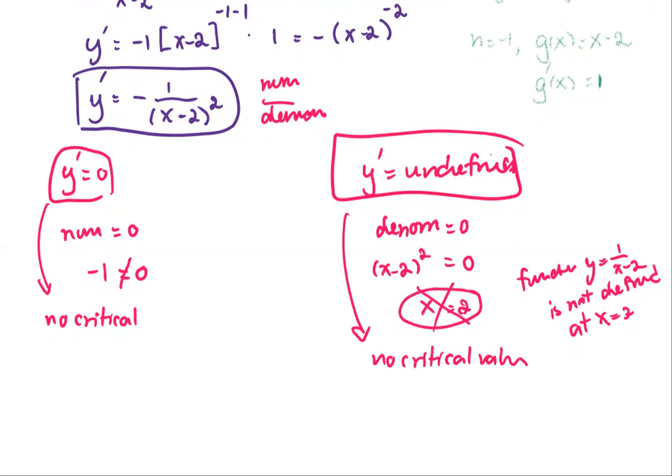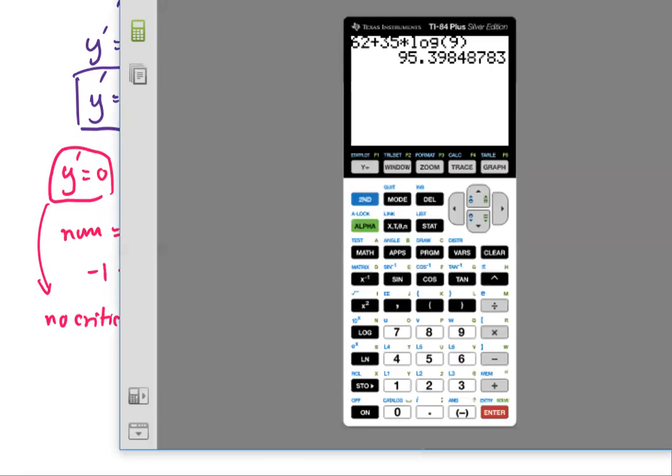What does it mean? It means the graph will not give you a local max or local min in this case. Let me plot the graph and show you real quick how it works using the graphing calculator. I'm going to clear the screen and enter the function 1 divided by the quantity x minus 2, and then graph it.